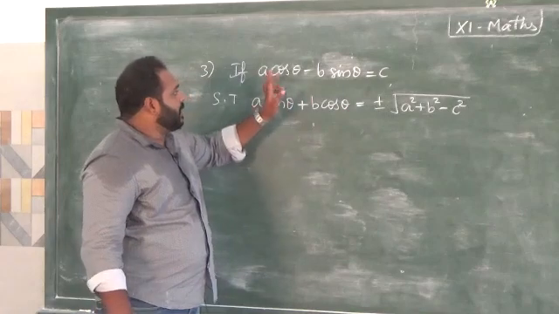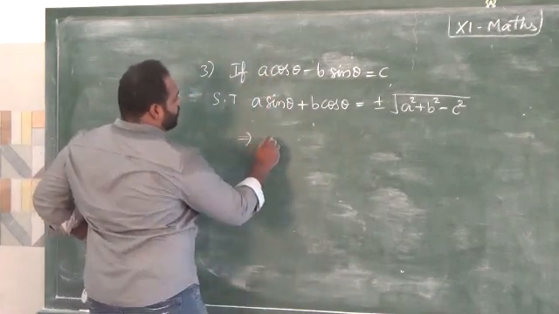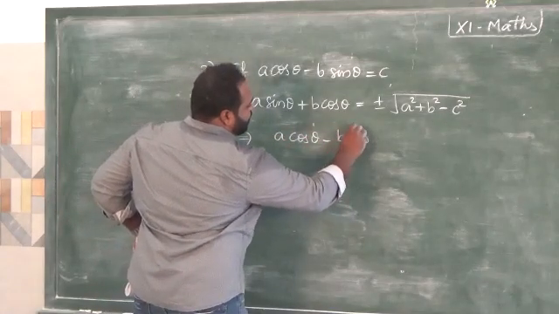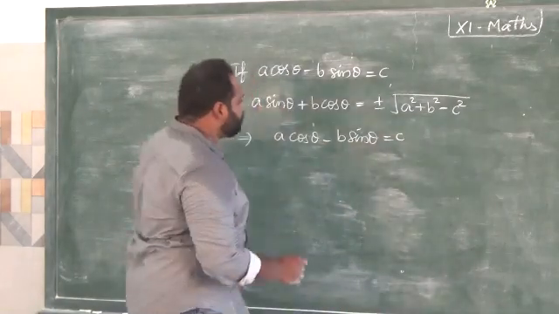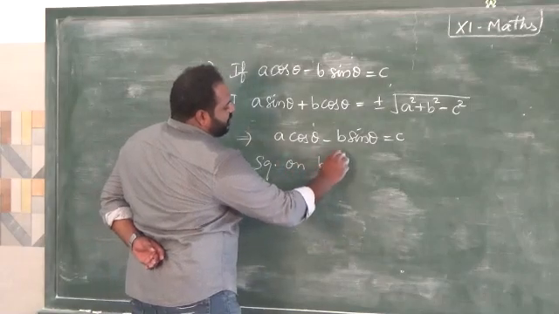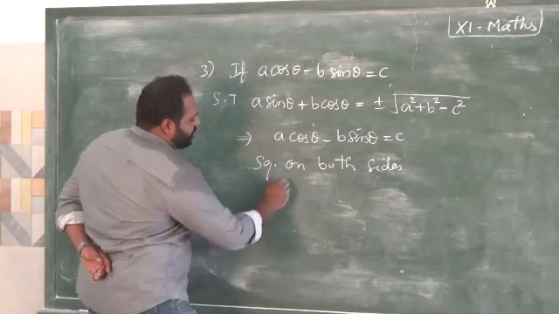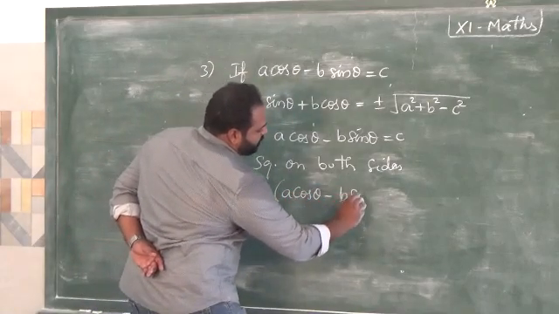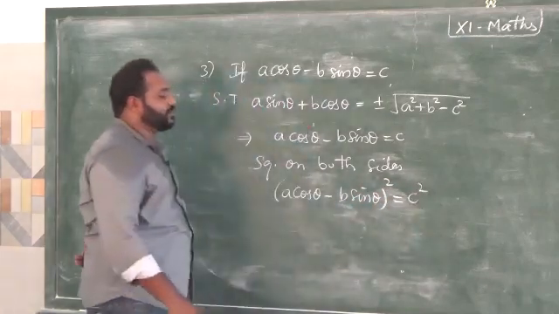I am going to take this first, given A cos theta minus B sin theta equal to C. I am going to square both sides. So A cos theta minus B sin theta whole square equal to C square.